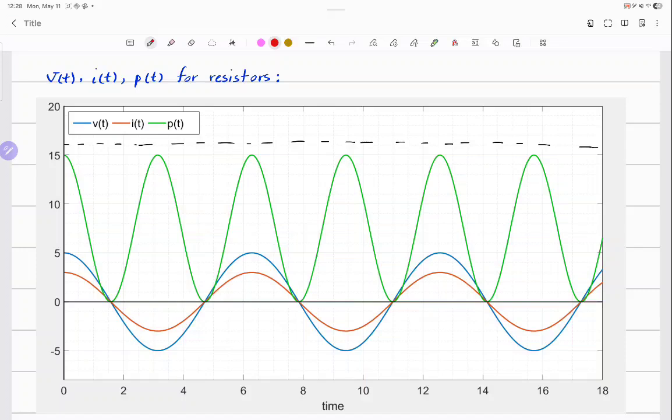Now let's focus on the green signal, which is power. First of all, what do you notice about the green signal? It's always positive. Or, the more mathematically correct statement is to say it's always non-negative, because sometimes it is zero.